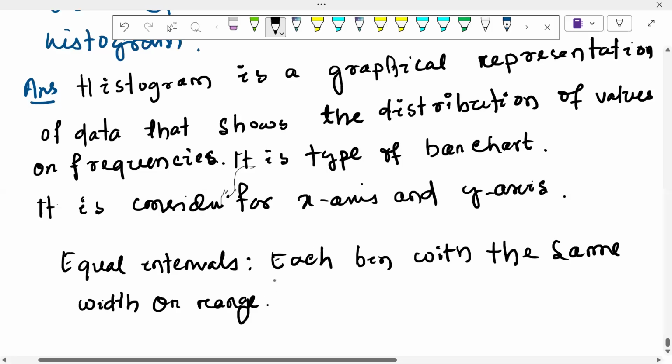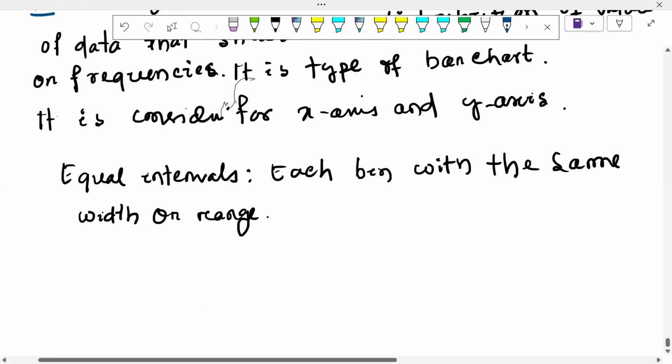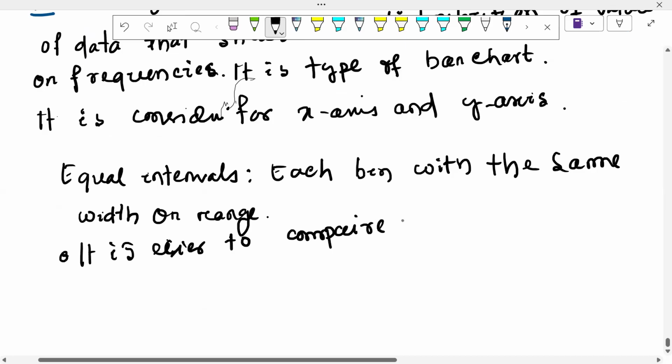It is easier to compare the frequencies.